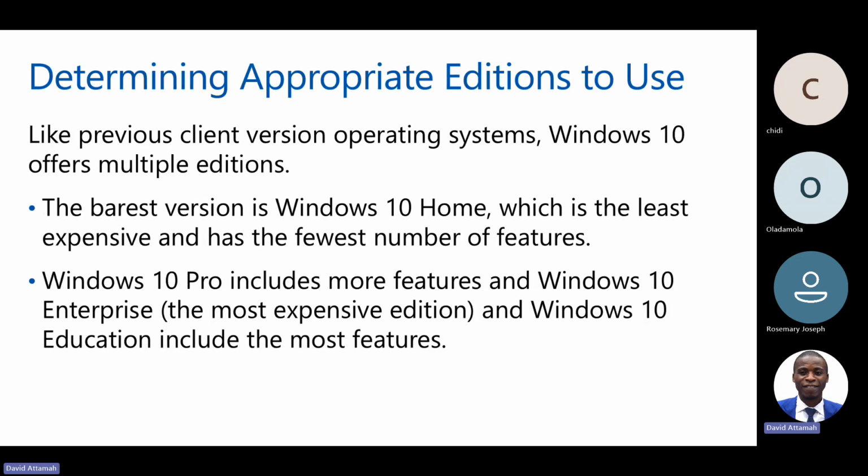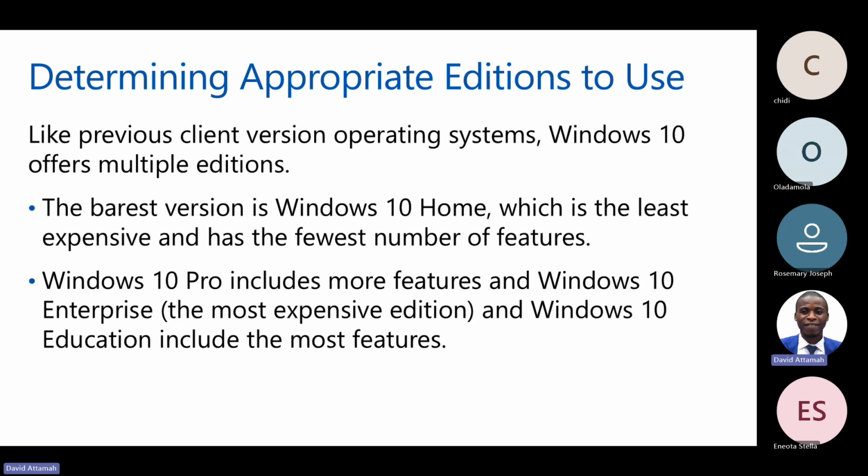So when you talk about Windows 10, we have Windows 10 Home, Windows 10 Pro, Windows 10 Enterprise, and Windows 10 Education. Most times when we buy our computers, they are pre-installed with some of these versions, whether you bought it second hand or brand new. If it's second hand, the person you bought it from probably installed Windows 10 Enterprise, which is the most expensive and has most of the features.